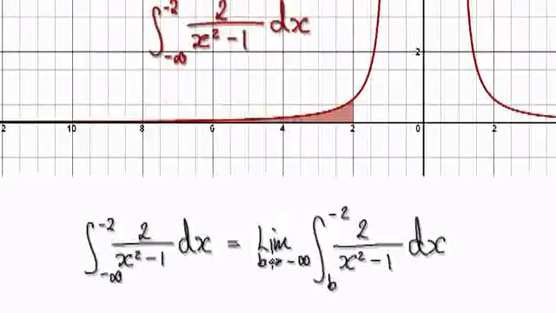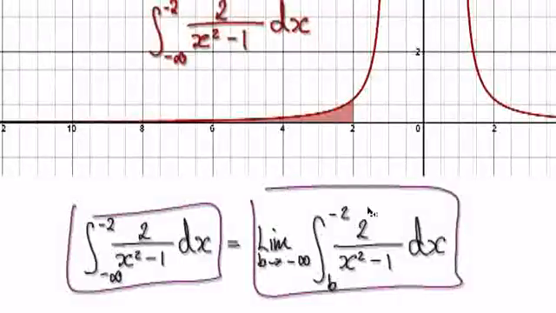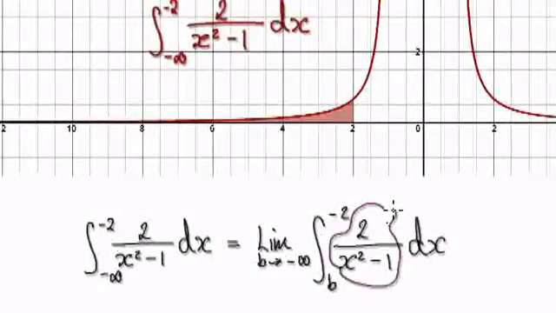So take the limit as B heads towards negative infinity. So this thing here is equal to this. So now it's just a matter of us trying to integrate this.